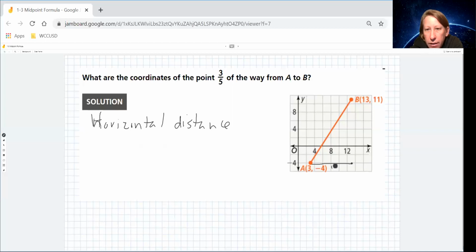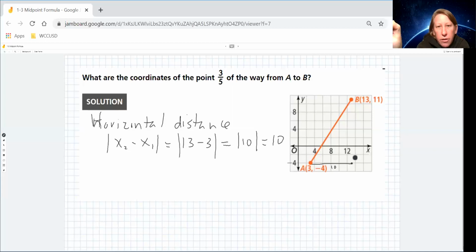It's 10 units to get from 3 to 13. The math for that is to take the x coordinates and subtract them. So in this problem, I could do the absolute value of 13 minus 3, which is the absolute value of 10, which is 10. All that to say, if I count from here to here, I have 10.